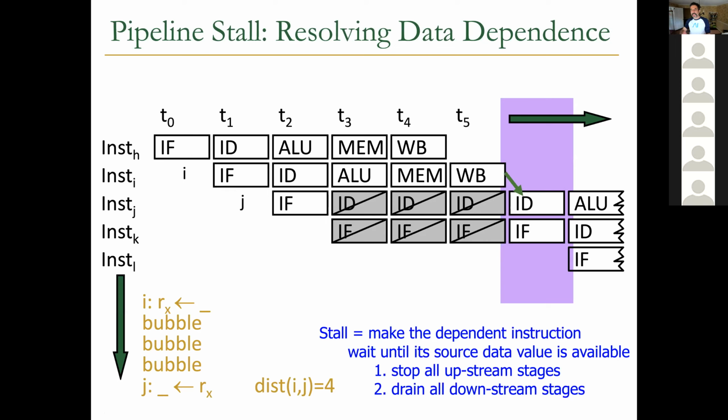So after this alignment, basically. And this is the case where, again, we do not incorporate the forwarding value. Here we assume that we have to write to the register first before we are able to proceed with the dependent instructions.